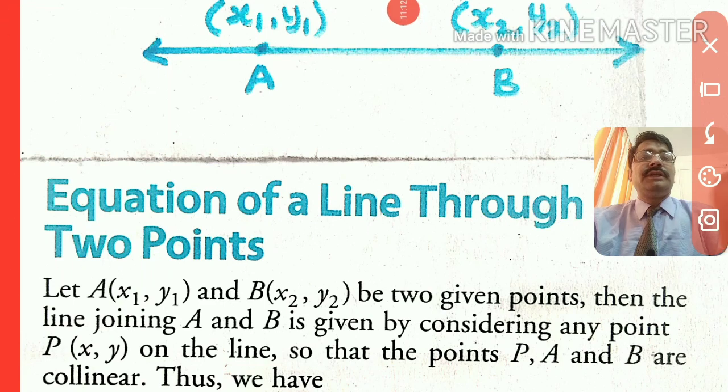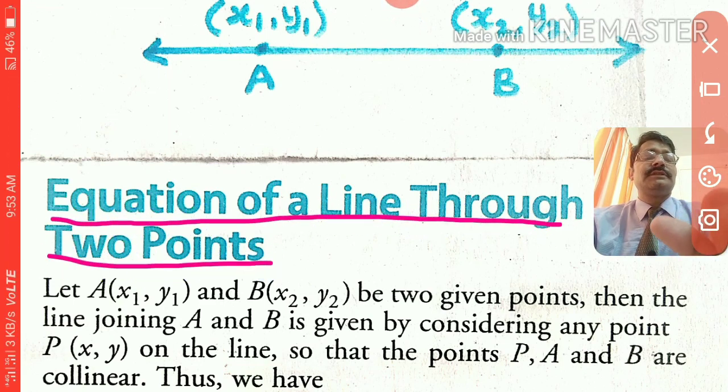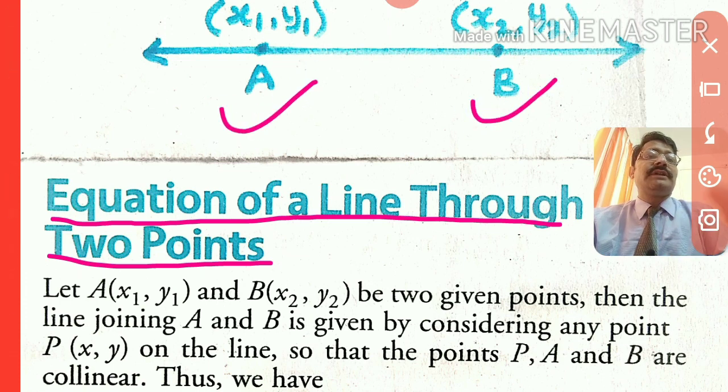Look here, we can find the equation of a line through 2 points. Here 2 points are given, the first point x1 y1 and the second x2 y2. You can find the line using determinants.